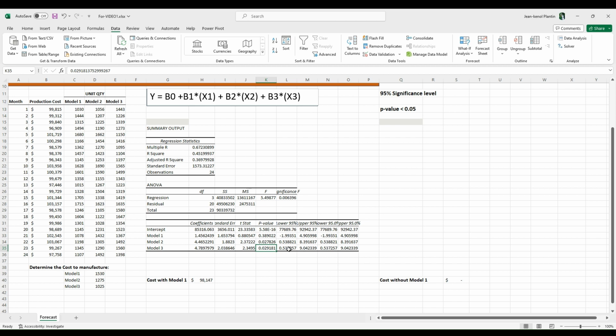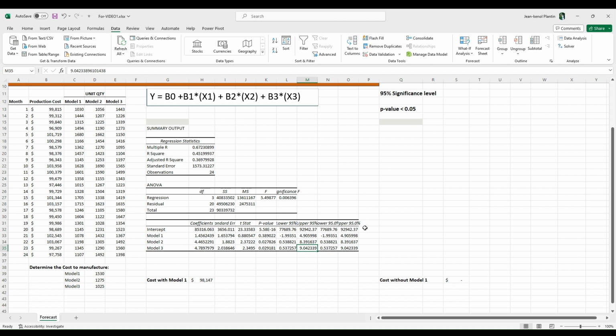Okay, and those are the intervals, meaning for each model, the coefficient that we obtain over here has a 95% chance to be part of that interval. There's a 95% chance that this value is going to be inside that interval. So we have three different intervals because we have three different coefficients.